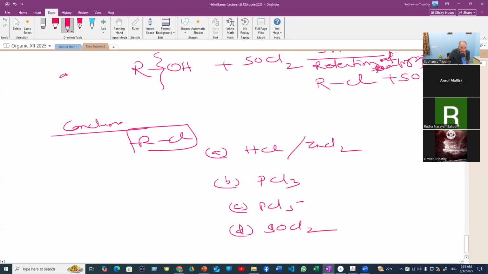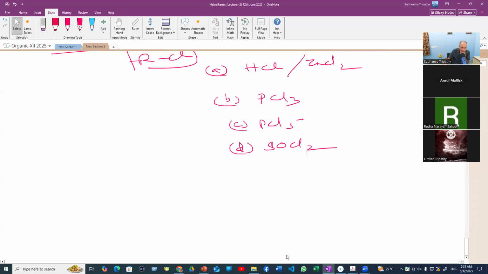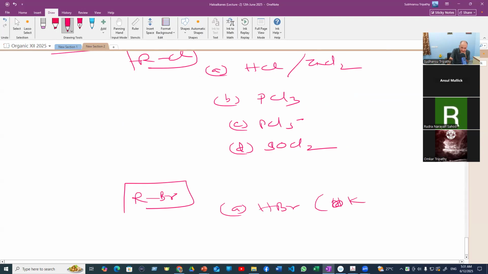There are so many choices for getting alkyl chloride from alcohol, but for getting RBr, there are only two: HBr, obtained by mixing in situ KBr and H3PO4, and of course PBr3, which is obtained by adding red phosphorus with bromine.